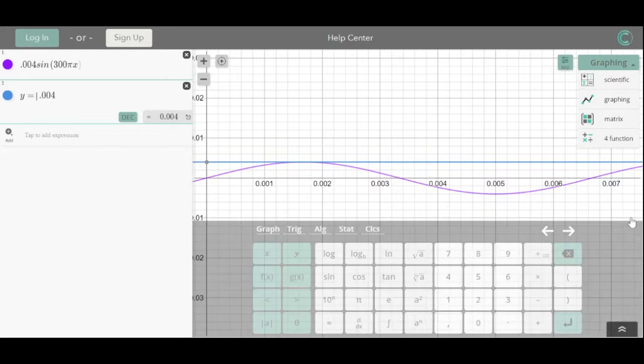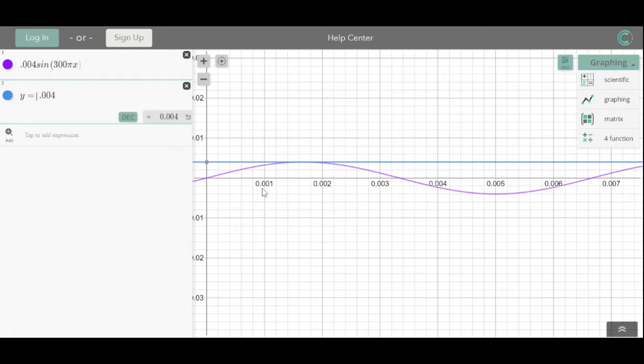But let's see if we can take a guess. So this is 0.001. It looks like it intersects right around here. So 0.12345. Since there's 5 spaces, I'm going to guess 2, 4, 6, 7. 0.0017 is the first one.